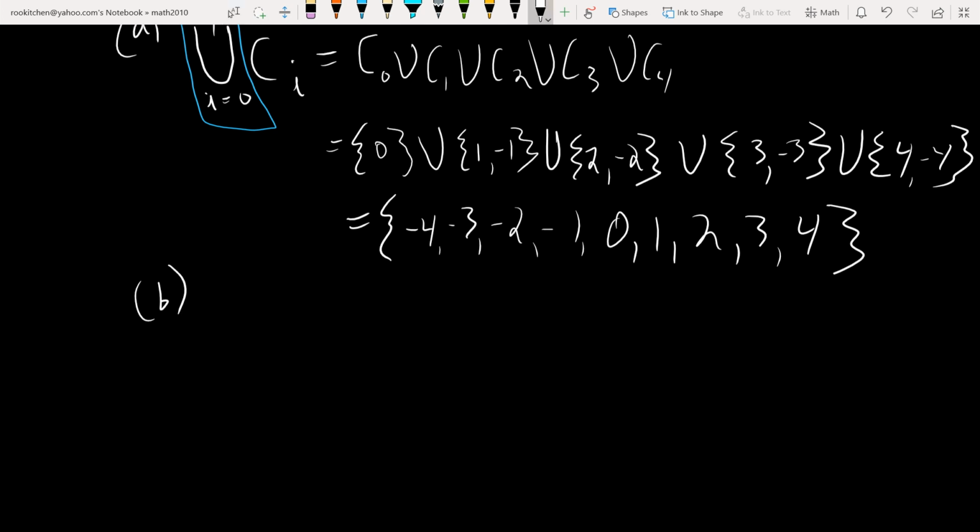All that stuff works the same way, because you can pair them and just use the properties of unions of just two sets, and then you keep on repeating. So it's nothing new. Maybe the notation is new. Let's look at the intersection from I equals 0 to 4 of C sub I. It's the same thing as above, except now we have intersection symbols.